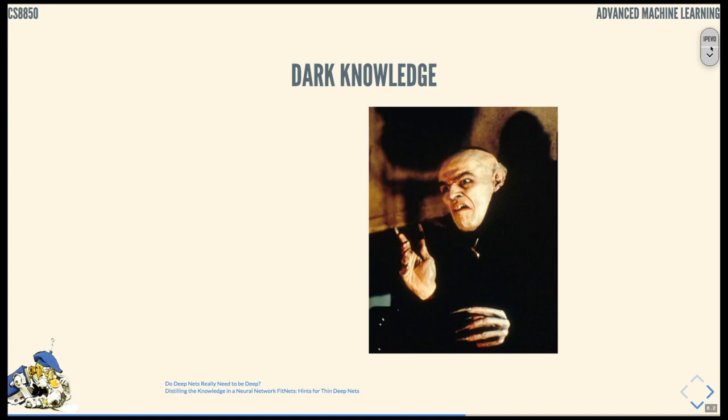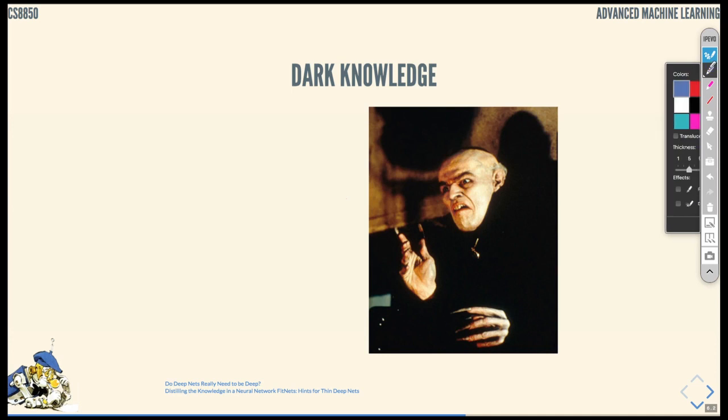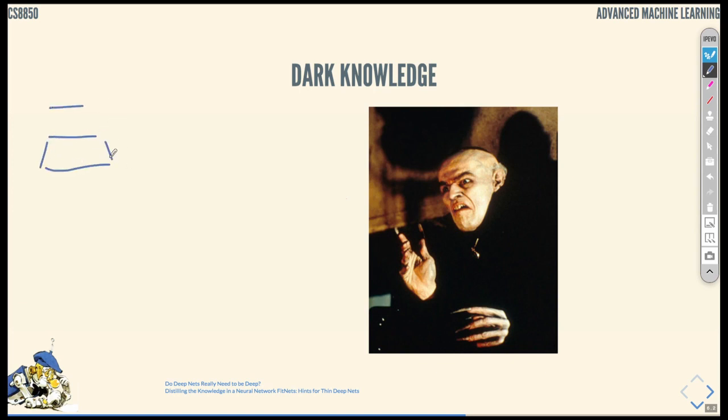What Rich did, let me use some annotation tools here, was observe in this paper, Do Deep Nets Really Need to be Deep, that if we train a large deep model at the time, and don't quote me on that, I don't remember how deep that model was, maybe 3 to 5 layers, maybe a little deeper, but it was surely wider than I'm drawing, on a speech recognition dataset.